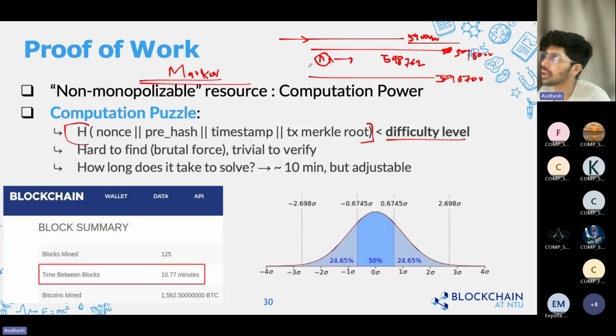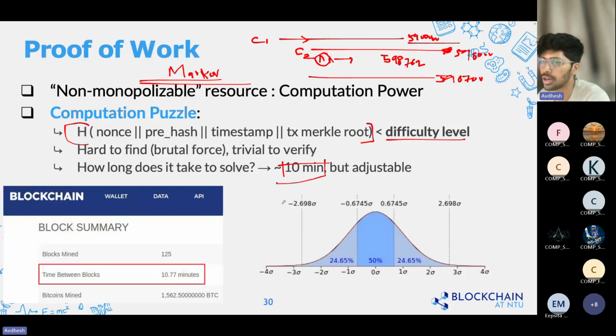So if you do a computation, let's suppose C1, that does not mean that the computation you do later will get you closer to n1. It's trivial to verify, but it takes time. That is why it's called proof of work. Right now, how long does it take to solve? The average case is around 10 minutes.